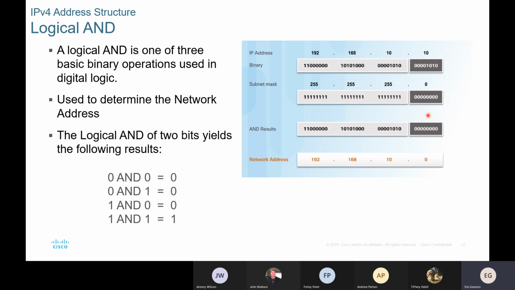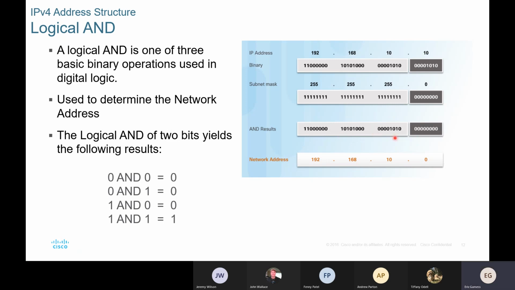So this will be the network address in dotted binary notation. For people, we don't use the dotted binary notation. We use the dotted decimal notation. So I take this number and I convert it to decimal. The first byte will be 192. The second byte will be 168.